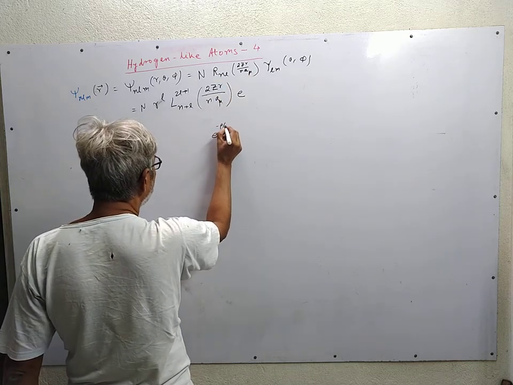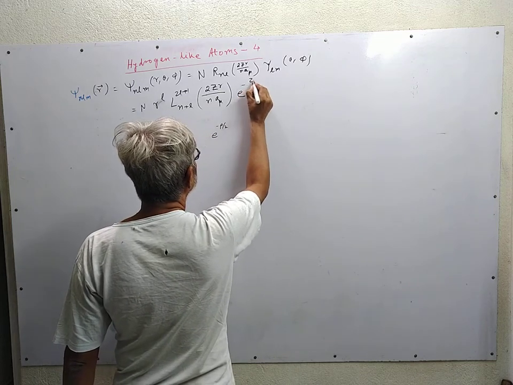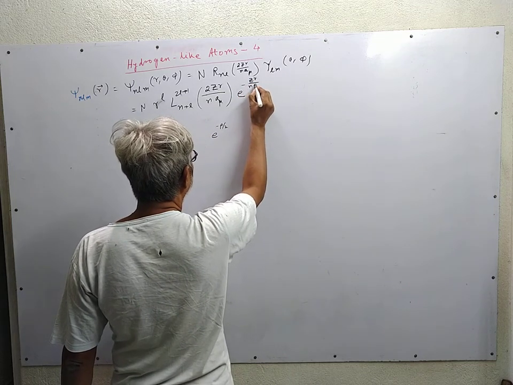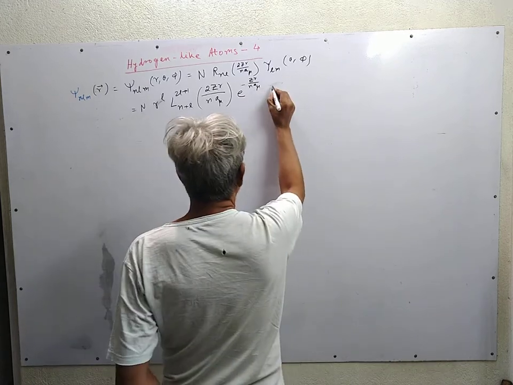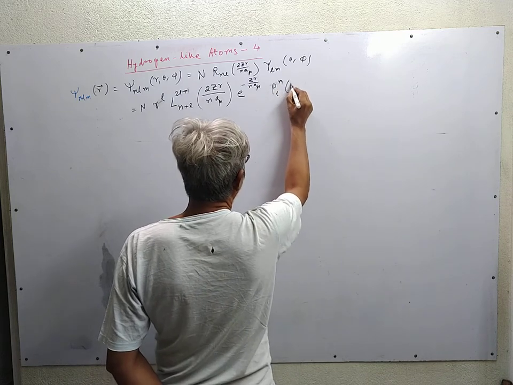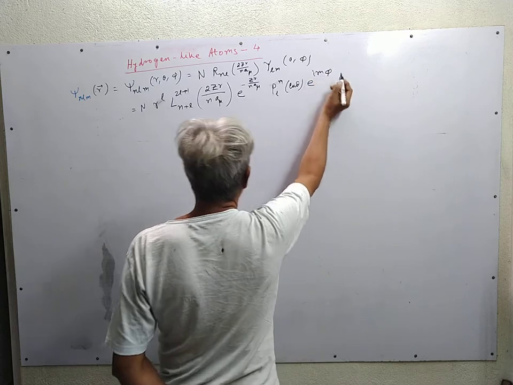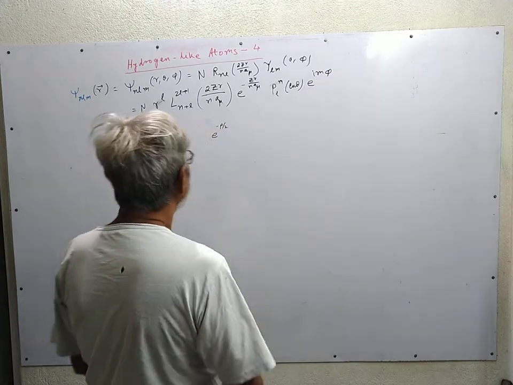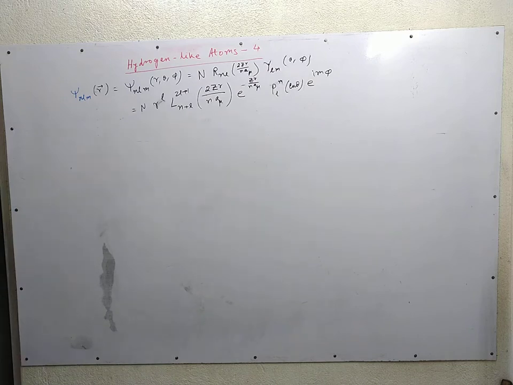Recall that e to the power minus rho by 2 becomes e to the power minus zr by n mu, and then the Y lm part, there is P l m of cos theta times e to the power i m phi. So this is the wave function that we obtained.